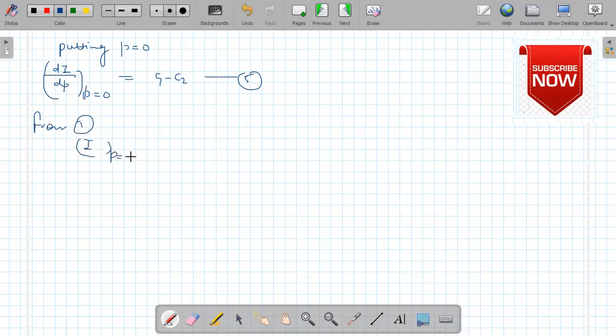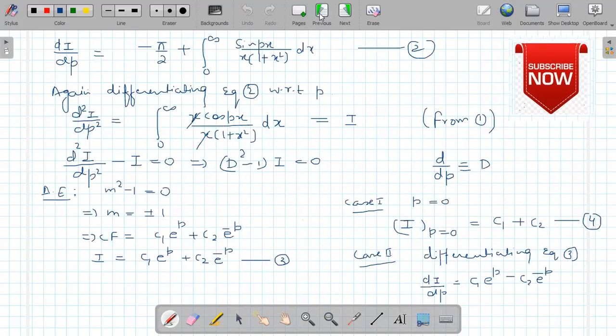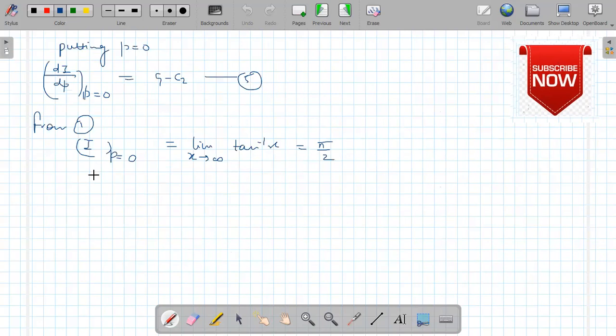And from equation number 2, if I put p is equal to 0 here, then dI over dp at p is equal to 0 will be minus pi by 2.